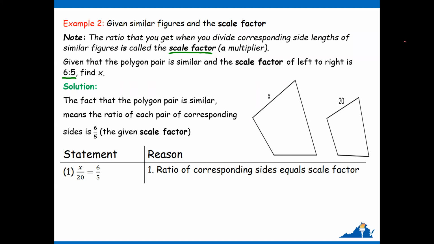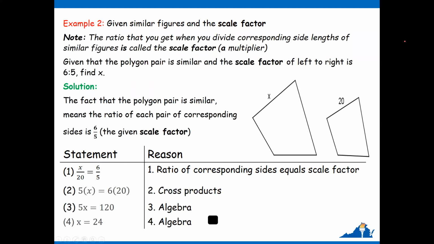The ratio x/20 of the 2 corresponding sides is the same as the scale factor, because we know that the ratio of corresponding sides equals the scale factor. We then apply cross products and solve for x, and you get that x is equal to 24.